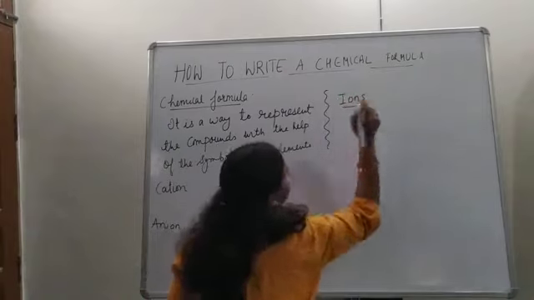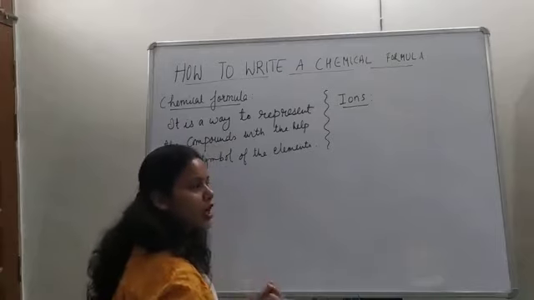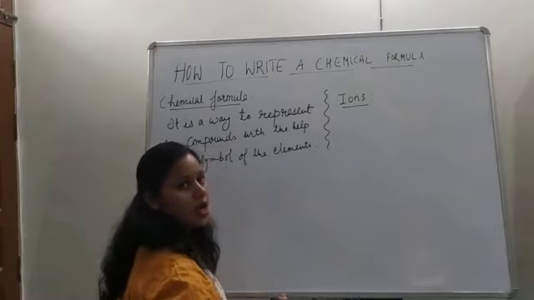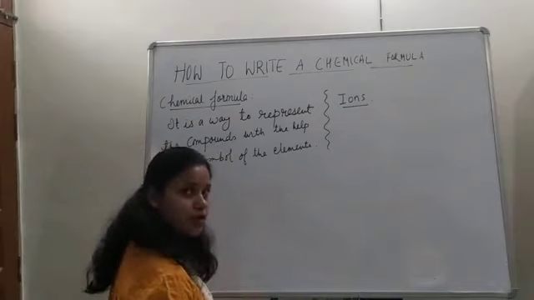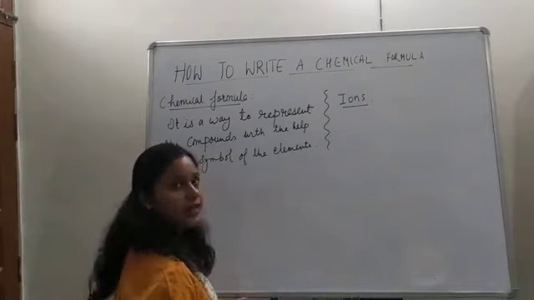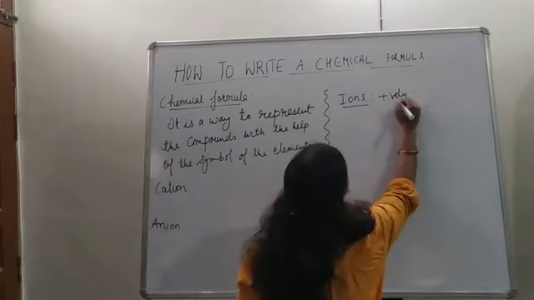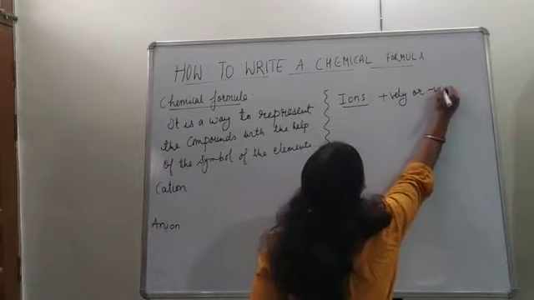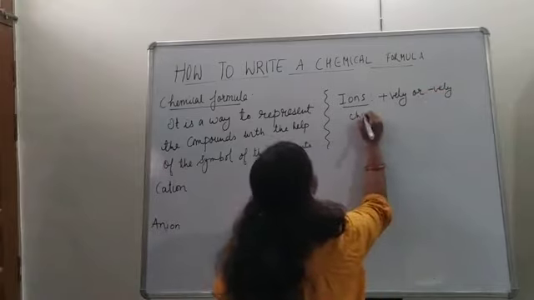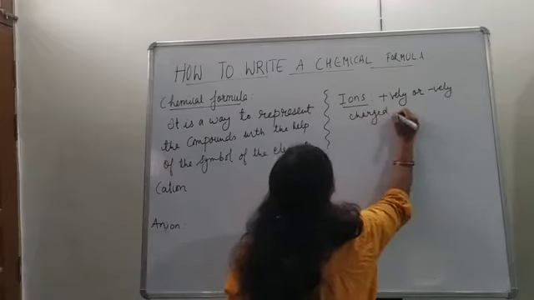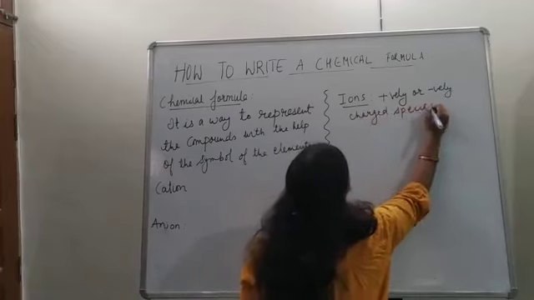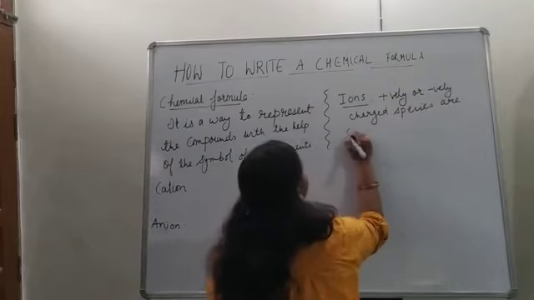Basically, ions are the charged species, and these charged species can be either positively or negatively charged. So here we can write the positively or negatively charged species are called ions.